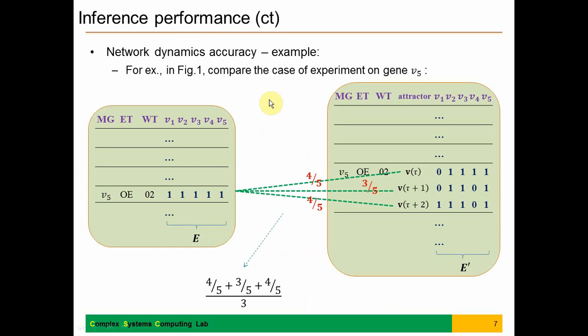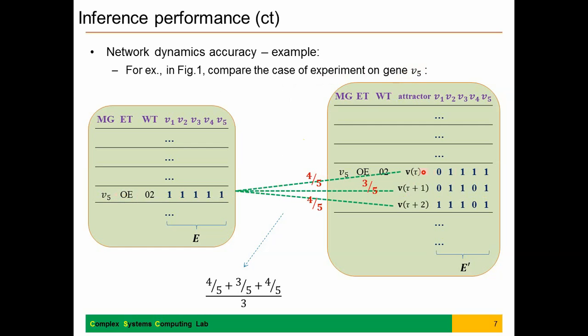For example, here in the figure, we compare the fifth element on V5. The gene V5 is applied with overexpression and the phenotype is all ones here. We compare with the corresponding attractor here. It is a limit cycle attractor with width.